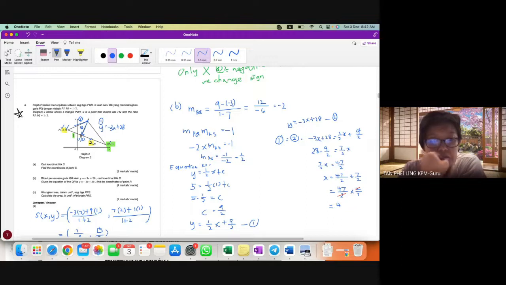Ayah, you see what happened here? I take 9 minus negative 3, I should take 1 minus 7, so it becomes negative 6 over negative 2. And then m1 times m2, I get negative 1, so I get half here.